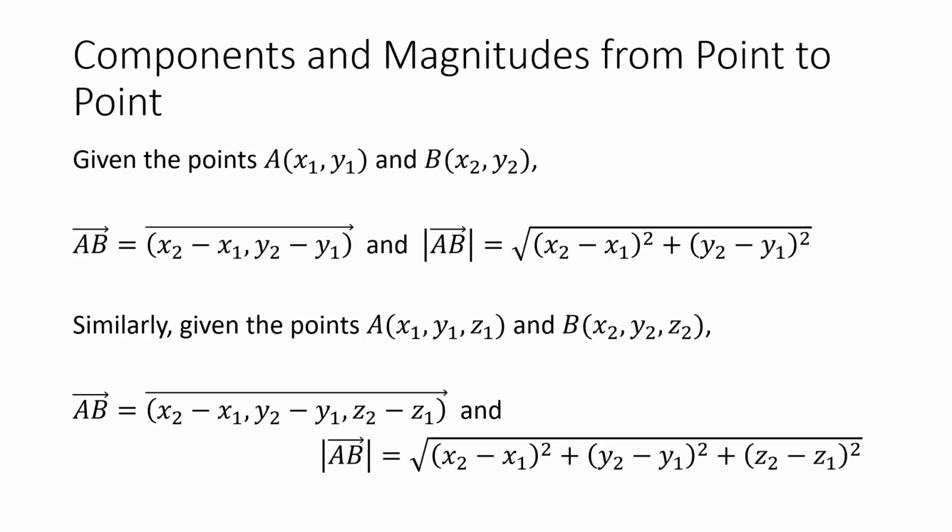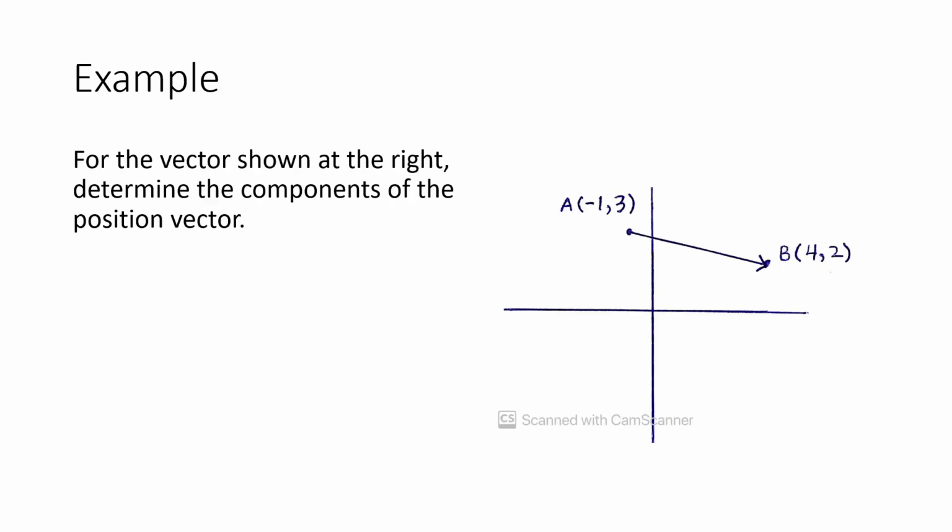Now, what if we're going from one point to another? If we're going from one point to another, then we have formulas as shown. I'm going to jump forward a few slides and show you something kind of cool. Suppose we started at the point -1, 3 and we ended at the point 4, 2. So what I'd like to know is what vector have we just drawn?